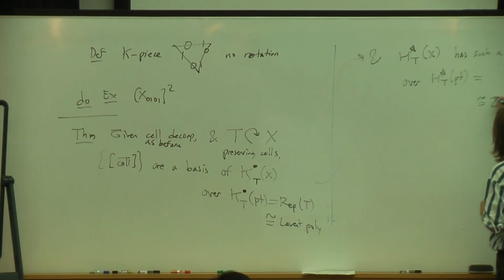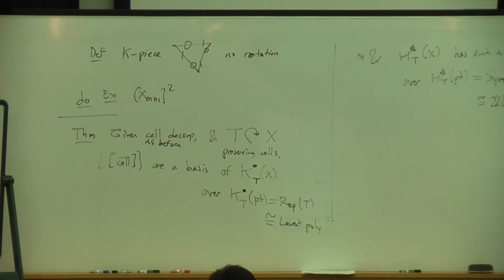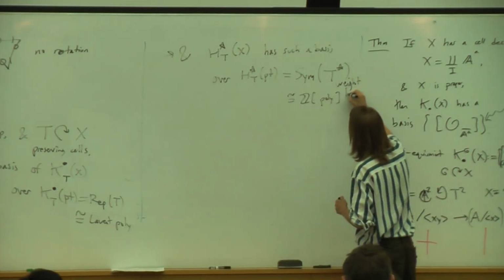It's a polynomial ring, the symmetric algebra on the weight lattice of the torus. So this guy is the weight lattice.